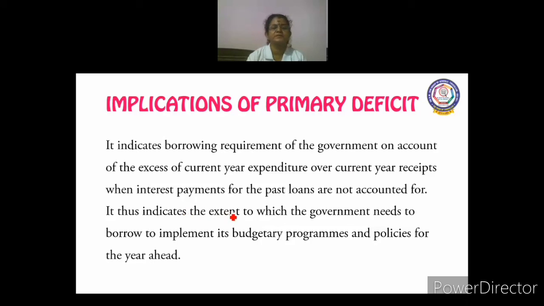It thus indicates the extent to which the government needs to borrow to implement its budgetary programs and policies for the year ahead. Government needs money to implement all these programs. So programs for education or other policies, for all this government needs money.